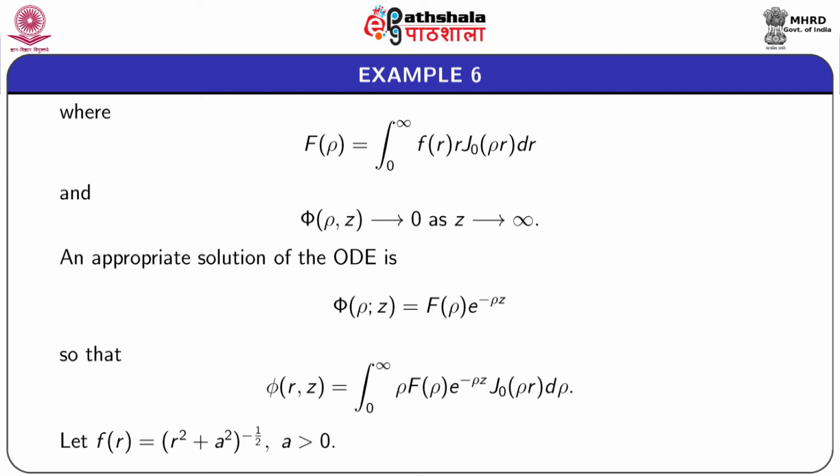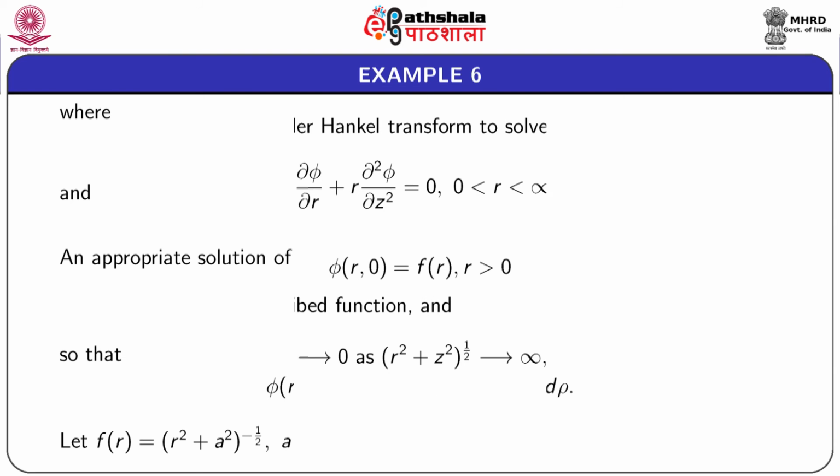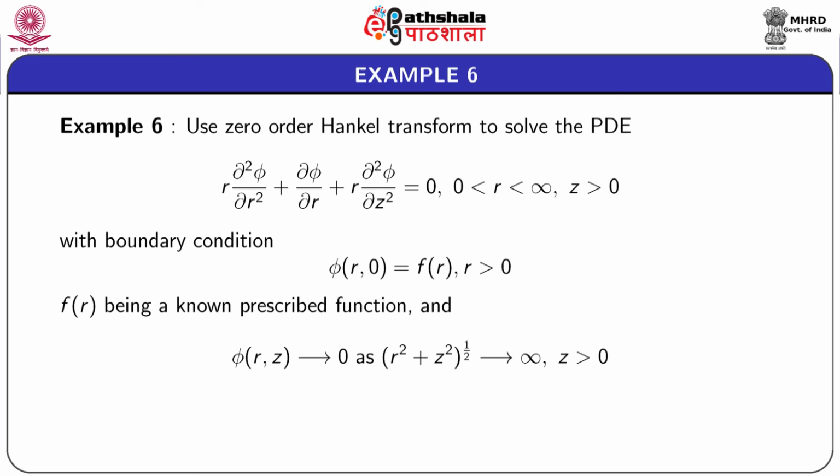So, this is the solution of the given boundary value problem with the boundary condition phi of r at z equal to 0 is f of r.